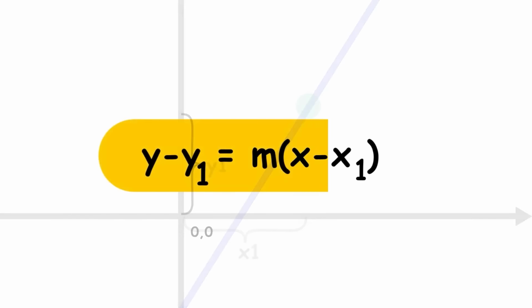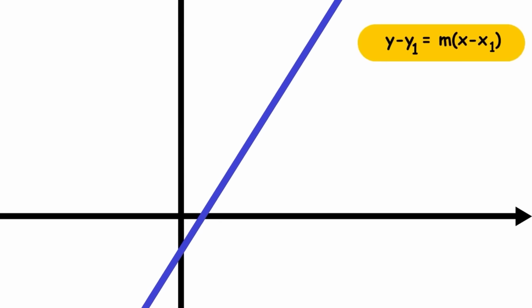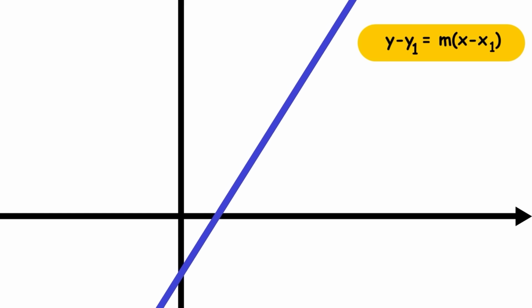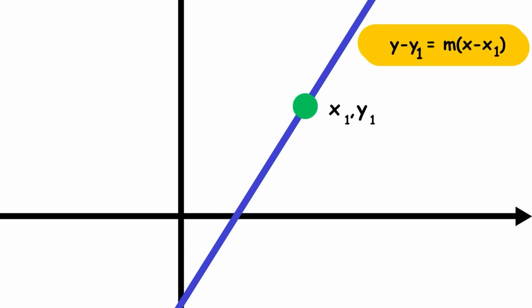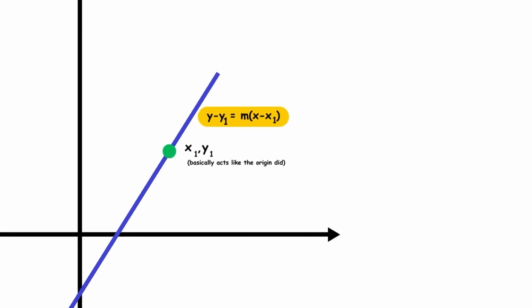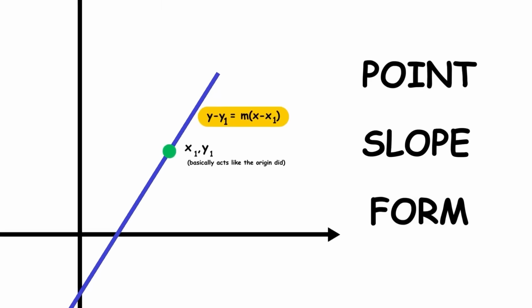Y minus y1 equals m times quantity x minus x1. Overall, shifting the line has the effect of moving the line to intersect the point x1, y1, where the point x1, y1 basically acts like the origin did. This form of the equation is known as point-slope form.